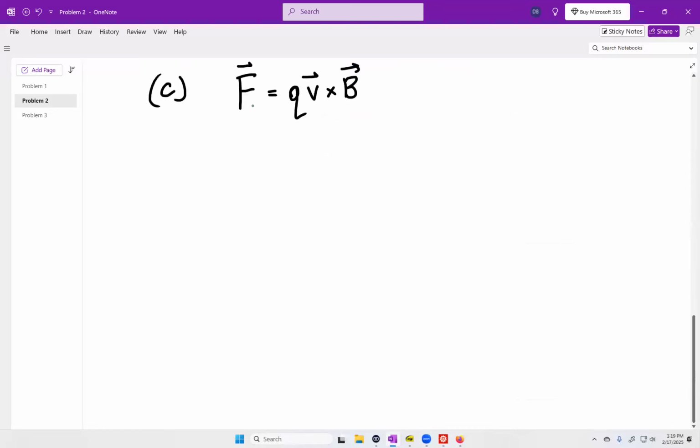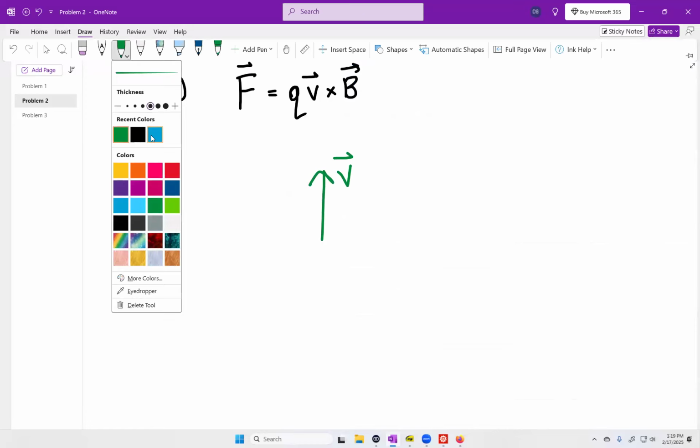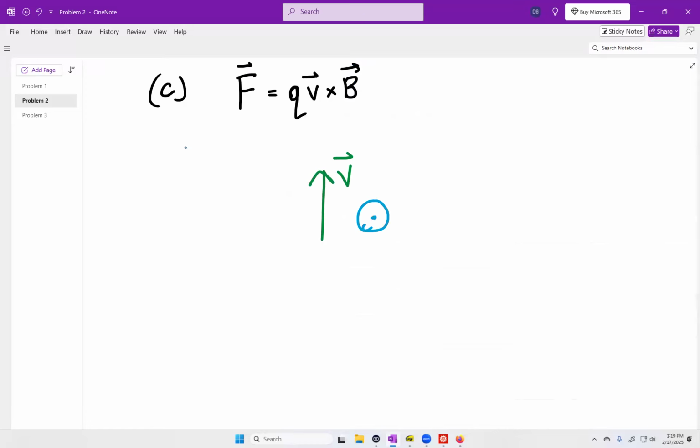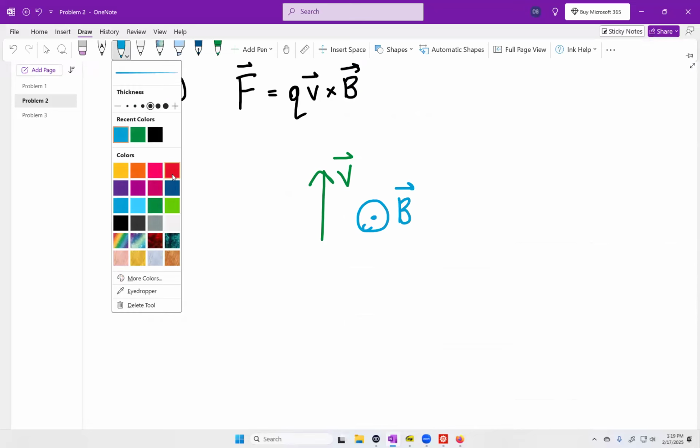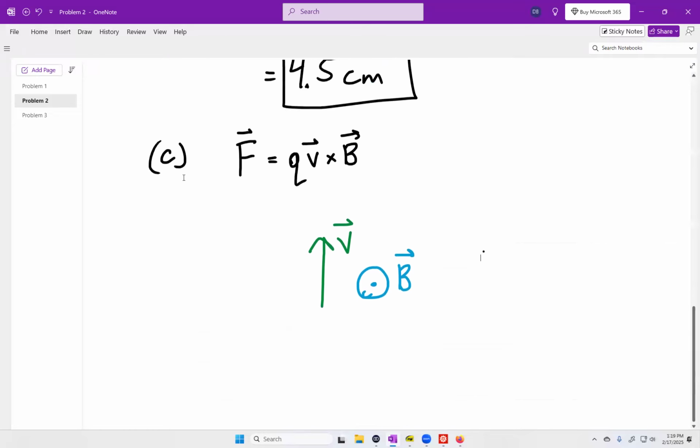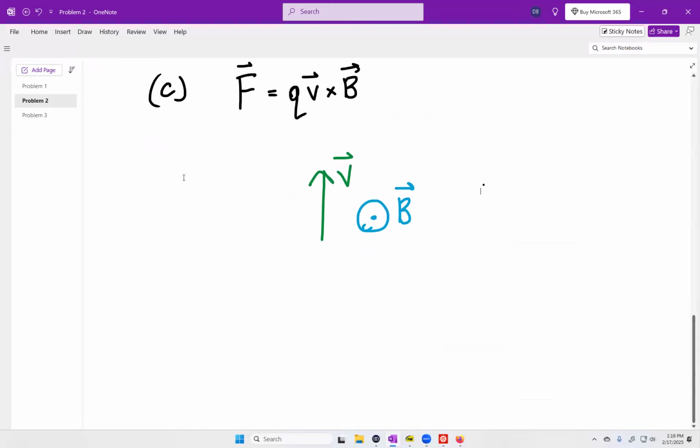So that's going to be our V. Okay, and we said that B was pointing out of the page. So if we use the right-hand rule here, we point our fingers along V, which means we point them up. We curl them in the direction of B, which is out of the page, and our thumb points to the right. Okay, that's our V cross B.